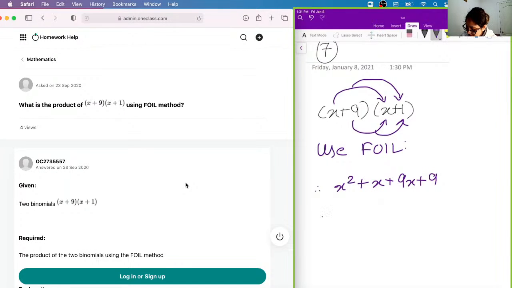And then you can collect like terms. So you have x squared plus x plus 9x is plus 10x plus 9. So this is your product of the binomials.